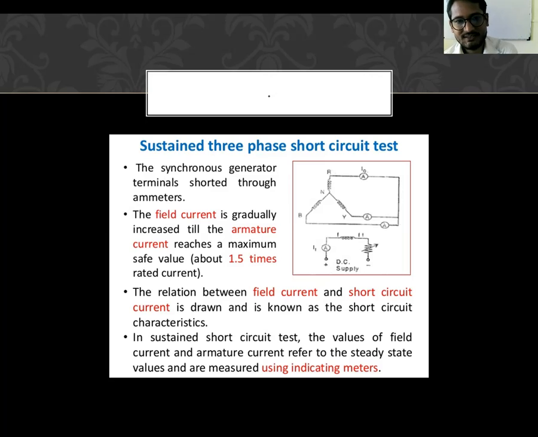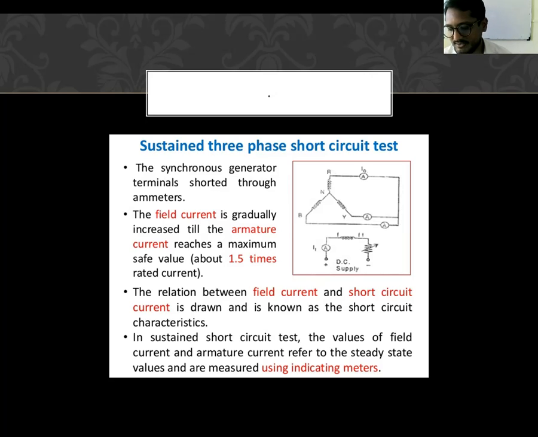So from the short circuit test and open circuit test, we have to calculate ZS. The open circuit characteristics OCC and the short circuit characteristics SCC are plotted on the same graph. Then calculate the value of ISC at the field current that gives the rated alternator voltage per phase.